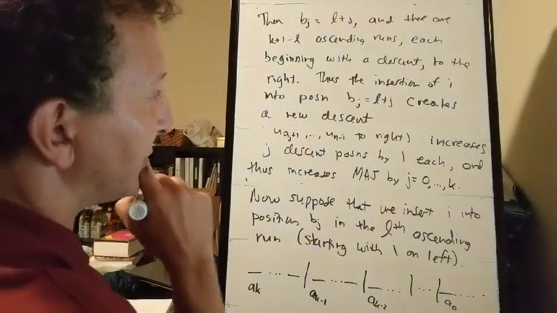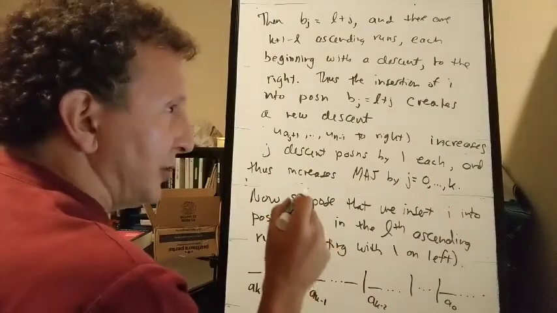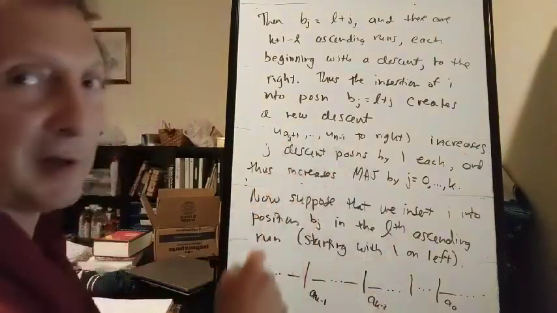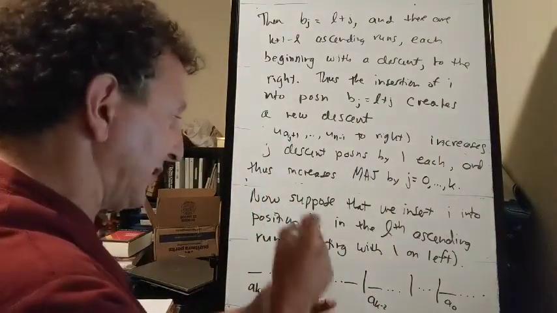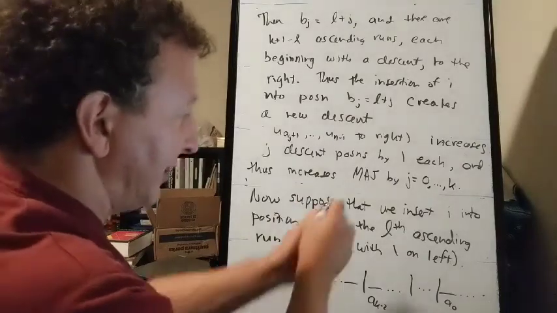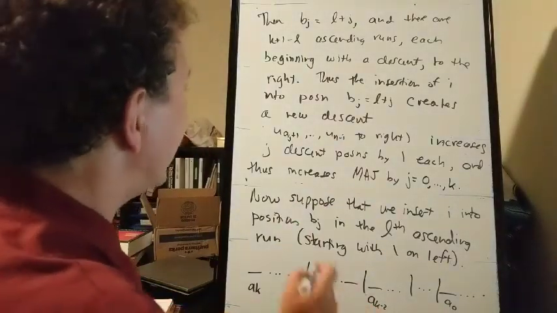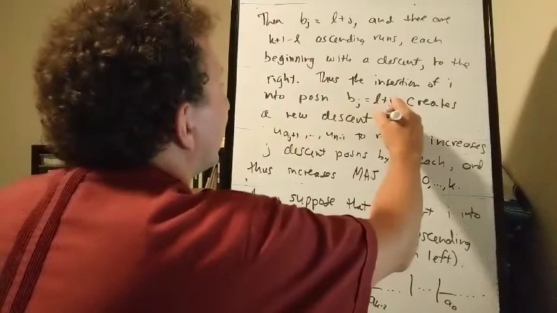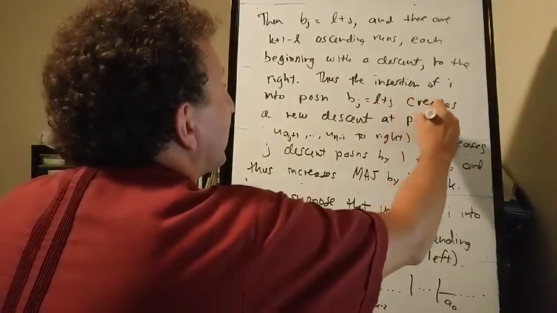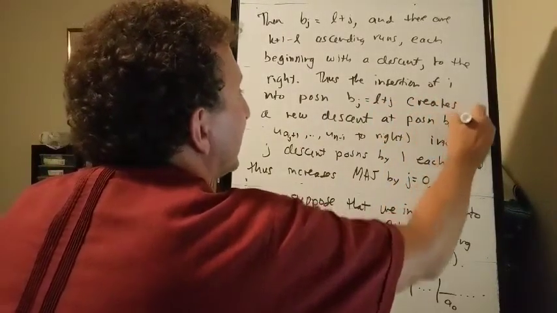I think I said a position bj before, but if we're inserting a new letter, it's really the previous position that counts as a descent, because it's going to be that position of the larger letter followed by this new small letter. So it creates a new descent at position bj minus 1.